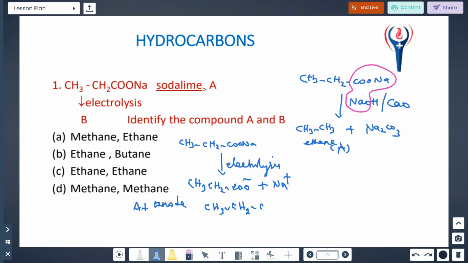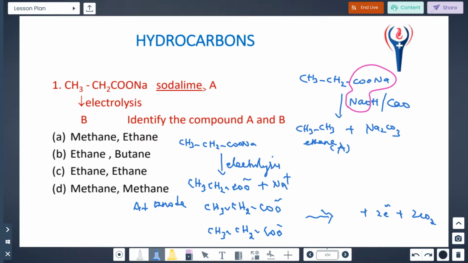Two CO2 will be removed, and two electrons will be removed. The remaining part is CH3CH2CH2CH3, a stable product, so one bond forms between the two CH2 groups.